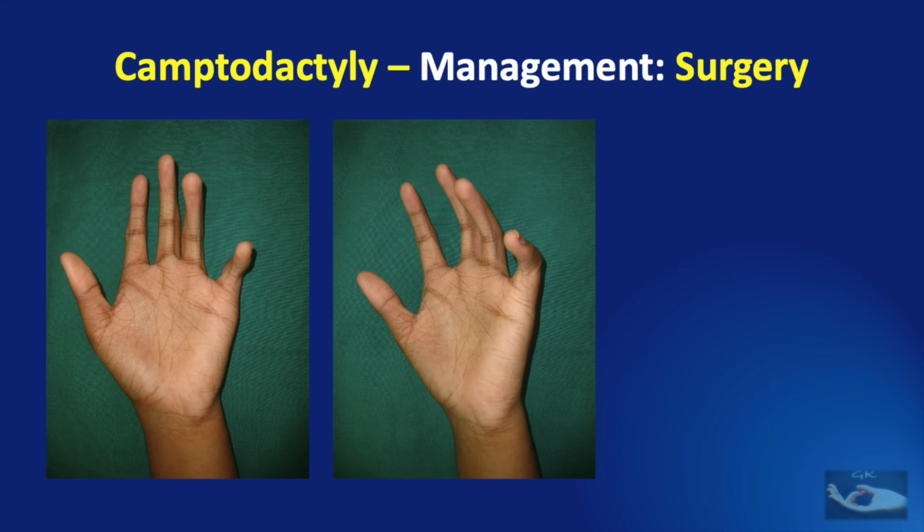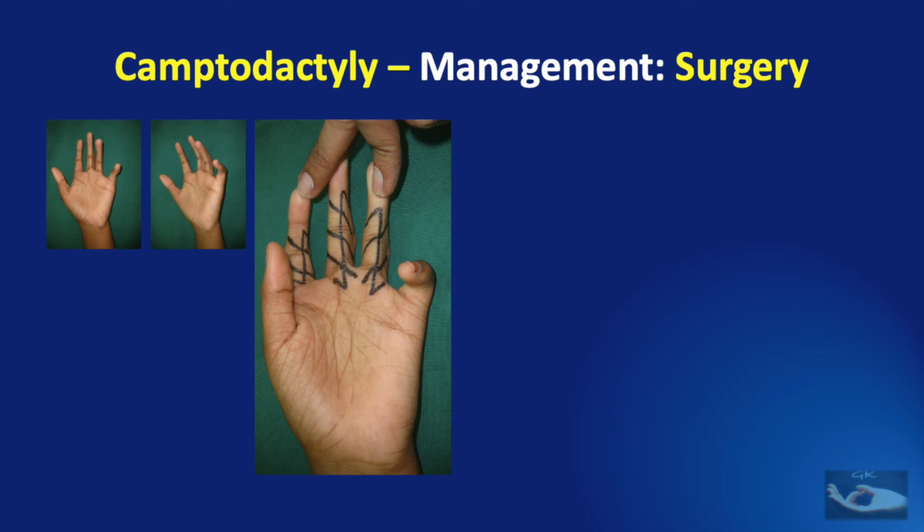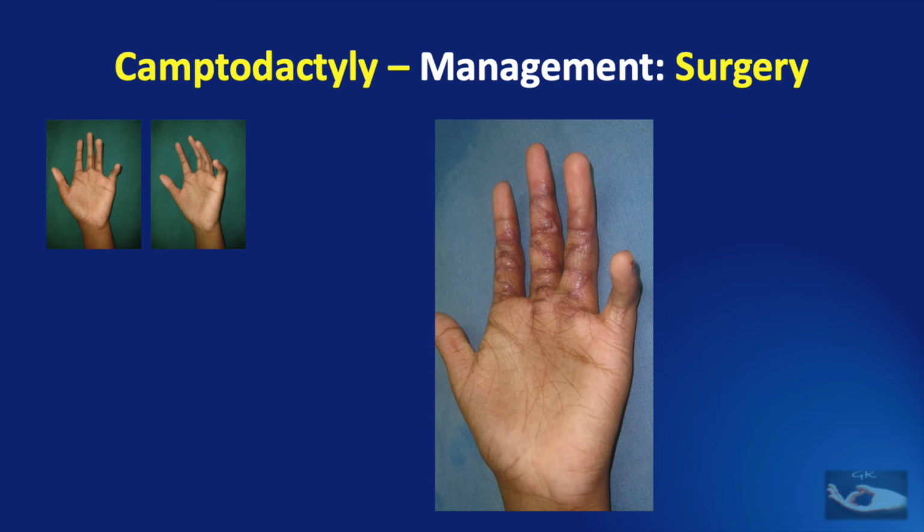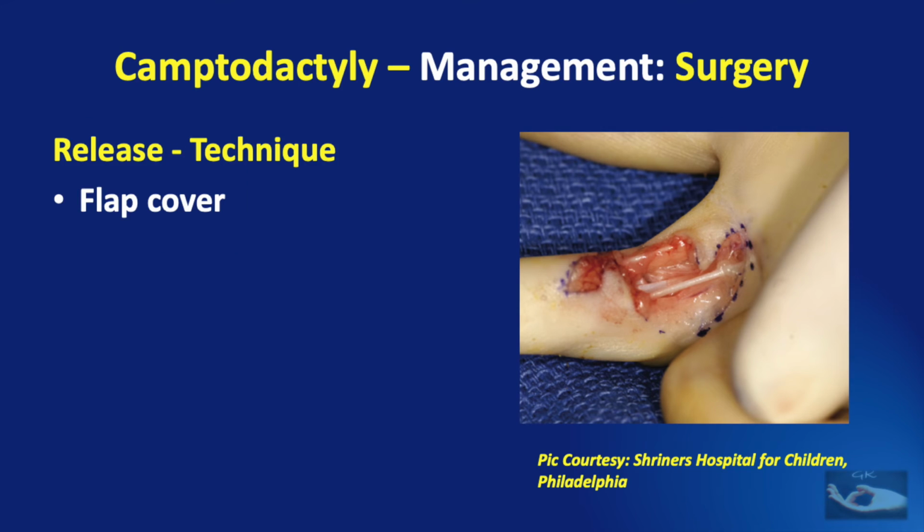This example shows camptodactyly involving only the skin of the index, middle and ring fingers while the joint is involved in the little finger. Contracture release by serial Z-plasty was enough to achieve good results in the index, middle and ring fingers. Sometimes flap cover may be required.